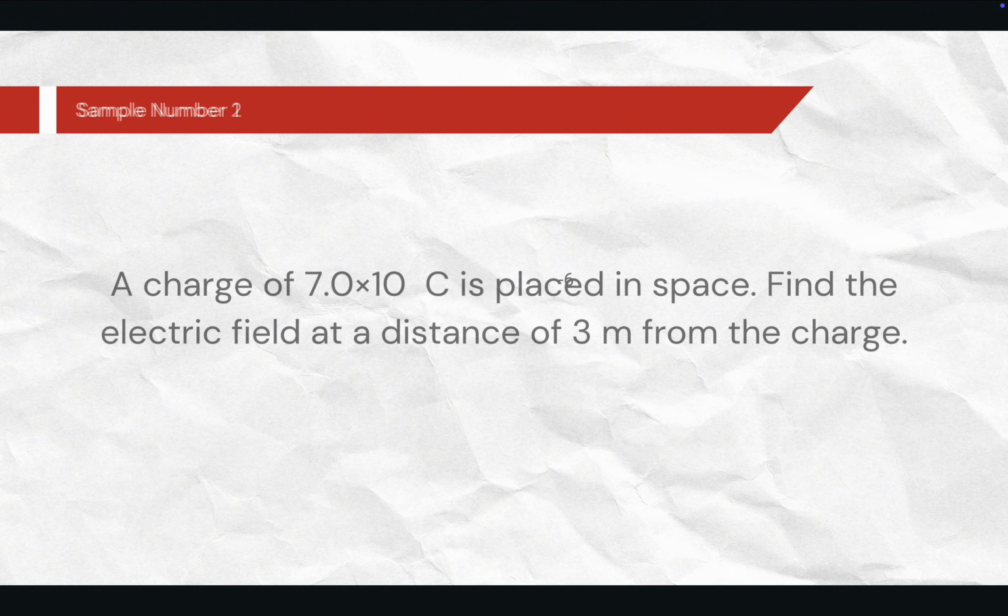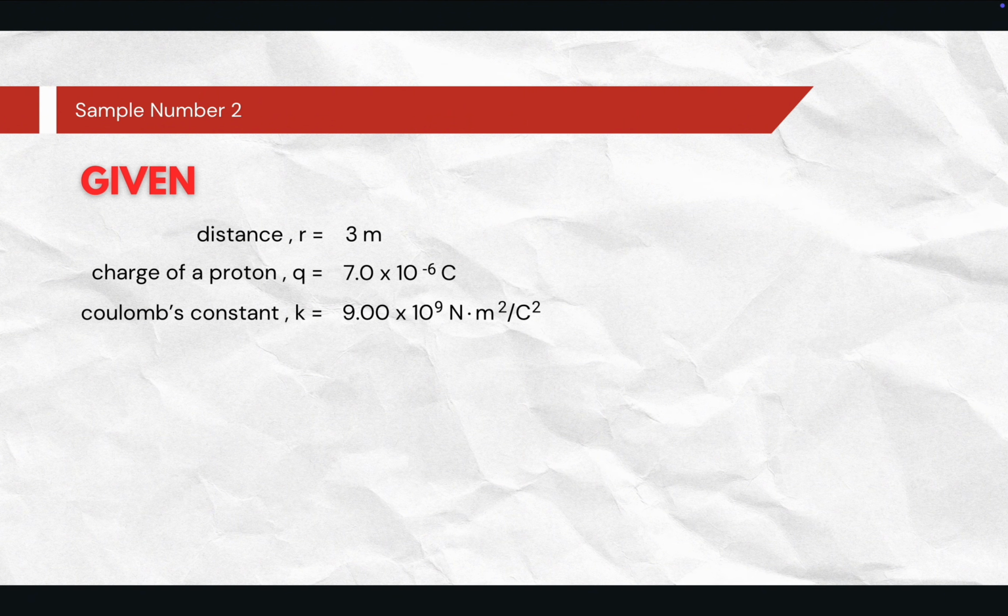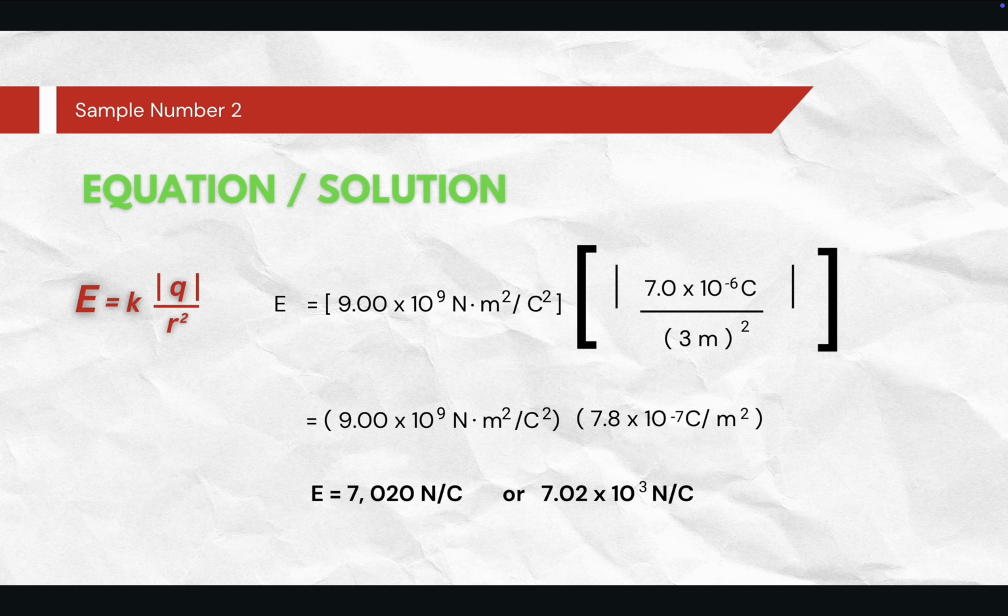Same lang sila. So, sample number 2: a charge of 7.0 times 10 raised to negative 6 coulomb is placed in space. Find the electric field at a distance of 3 meters ulit from the charge. So, given distance, charge, and yung Coulomb constant. Ang hahanapin natin is yung electric field. Equation, ganun lang din ang gagamitin natin.